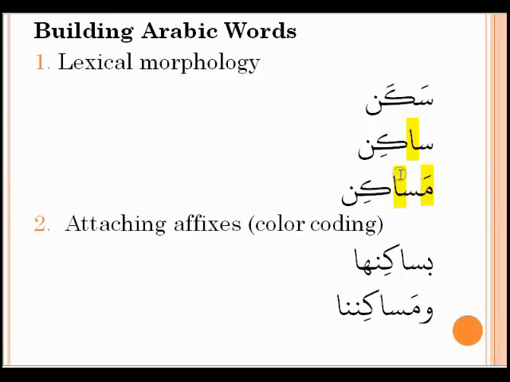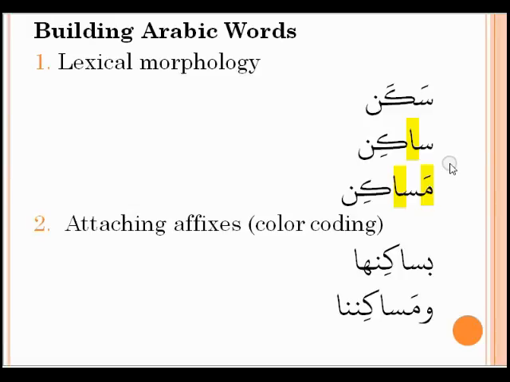There's one in the beginning, the meem, and also an alif in the middle. So masakin, these are the accommodations or the houses that people live in, so it's still connected. These new words connect to the root meaning of the original word.